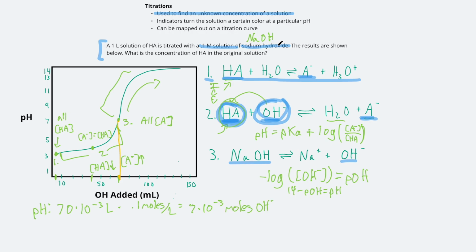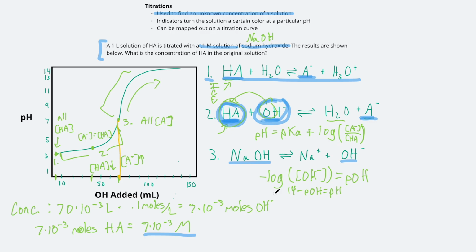The HA and the OH reacted in a 1-to-1 ratio, so that means that there are 7 times 10 to the negative 3 moles of the acid as well. That was in a 1 liter solution, so that means that the molarity is also 7 times 10 to the negative 3. So your final concentration of HA in the original solution is 7 times 10 to the negative 3 molarity.